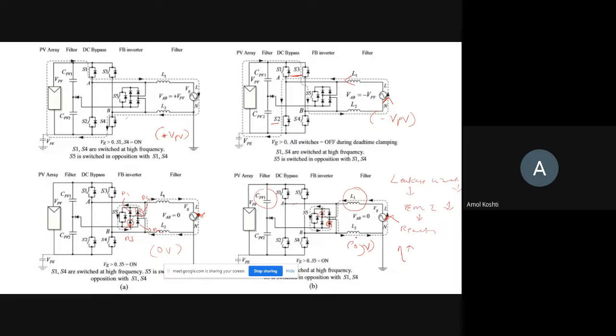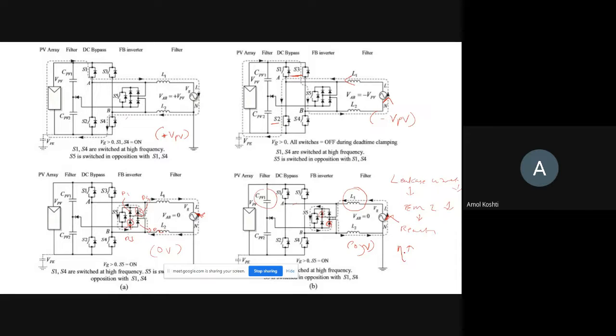So as compared to all these, using this full bridge zero voltage rectifier in the PV system will be more efficient. Other inverters are also efficient, but there is some slight variation.